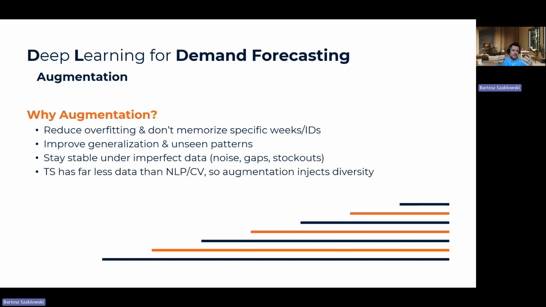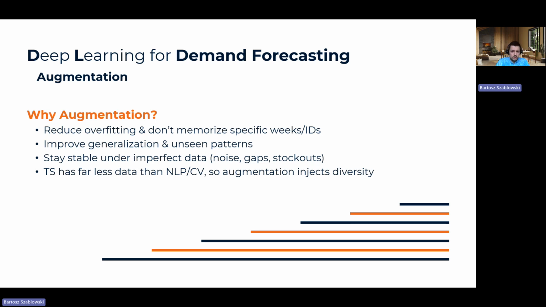I said that I use augmentation and it's a well-known technique, but you could ask me why we want to use augmentation at all. First, because this data set is quite small, 600 combinations with around 3 years of weekly history. But even if we look at forecasting more generally, outside this specific data set, time series data is usually limited compared with NLP or computer vision.